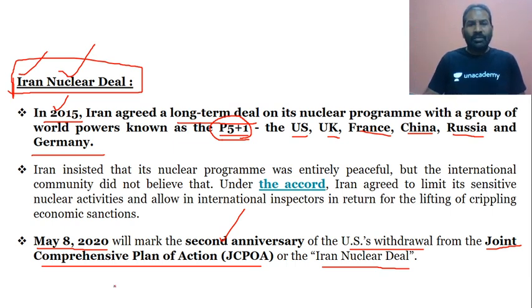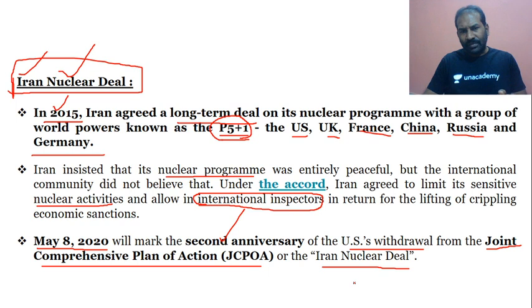According to this deal, Iran accepted that it will stop all nuclear programs and limit its nuclear activities, and it also agreed in 2015 that international inspectors, that is the IAEA, International Agency of, can get into the nuclear activities or nuclear programs.